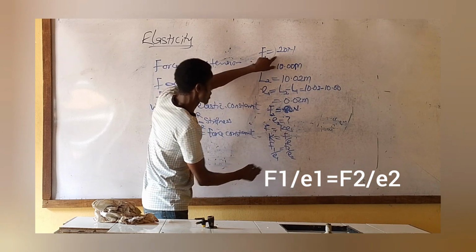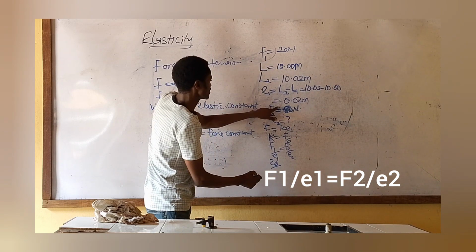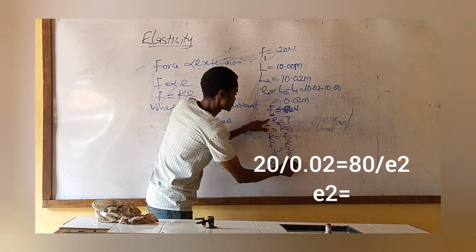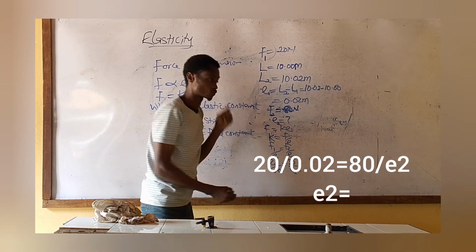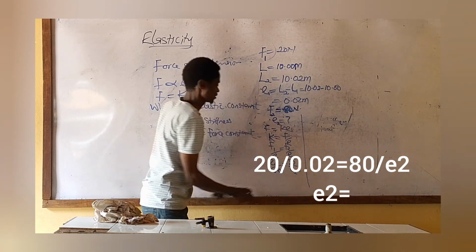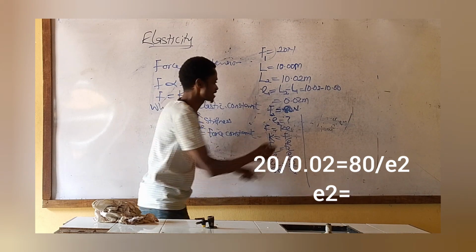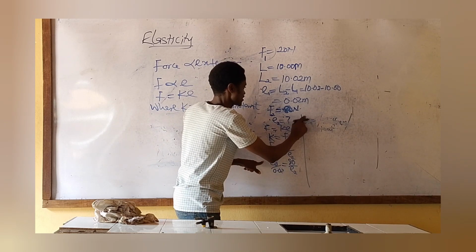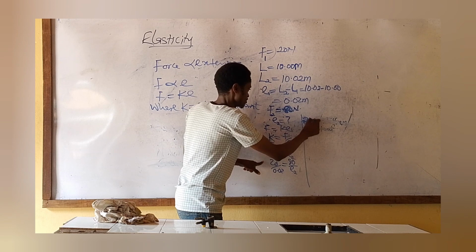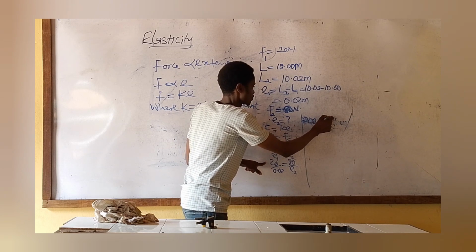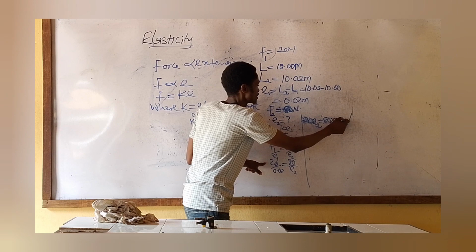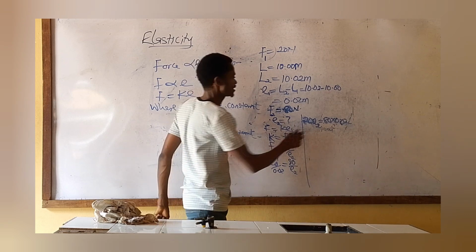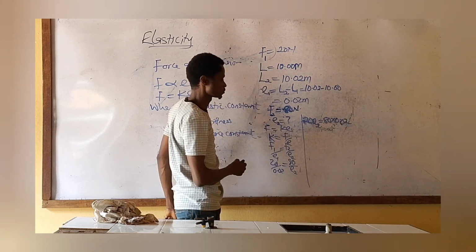Our F1 is 20, E1 is 0.02, F2 is 80, and we do not know E2. That's what we are looking for. Now, if you cross multiply, 20 E2 equals 80 times 0.02.